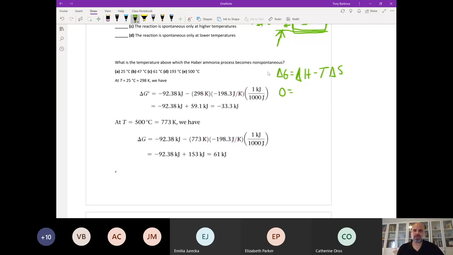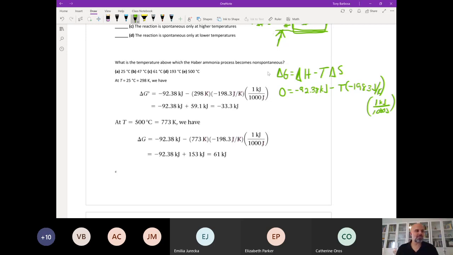And we know that our delta H is minus 92.38 kilojoules, minus some temperature, times minus 198.3 joules per Kelvin, times our conversion factor of 1 kilojoule per 1,000 joules. Can you solve for T?